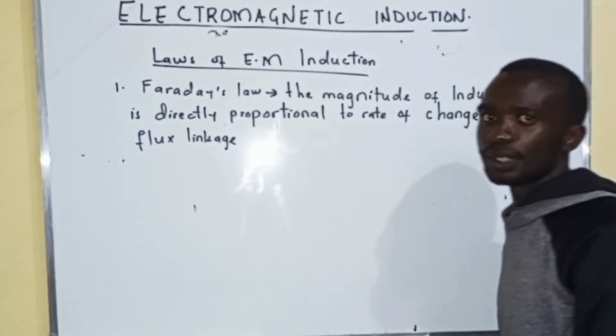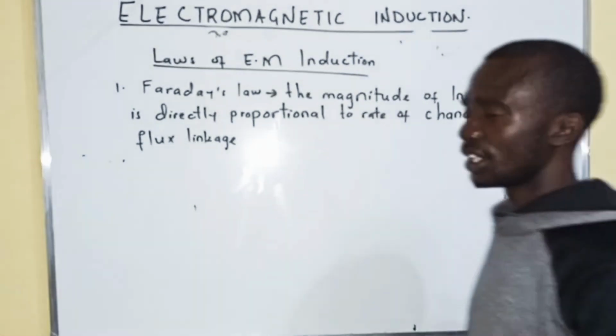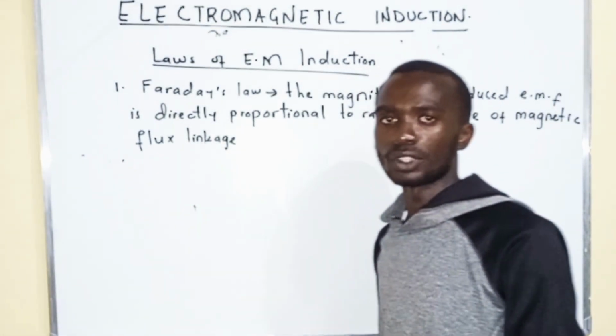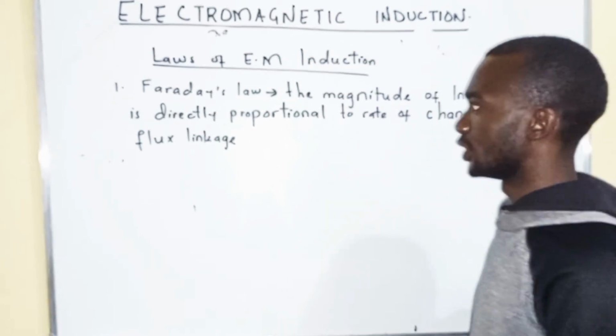The rate of change of magnetic flux linkage is the rate at which you are moving the conductor to cut the magnetic field.